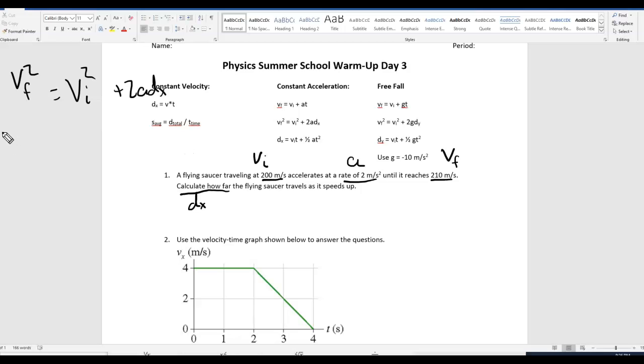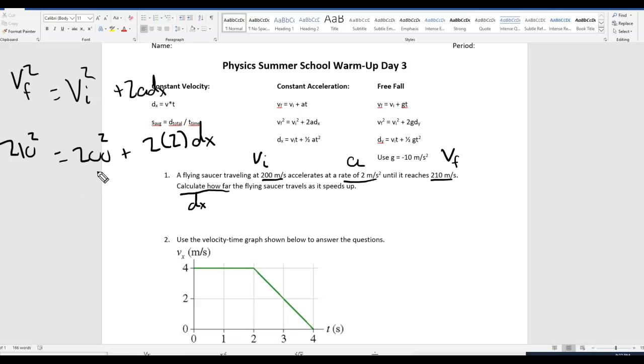So anyway, I'm going to plug in. I have 210 squared for VF equals V initial, which was 200 squared, plus 2. The acceleration is also 2, and then dx is my unknown. Okay, so to get dx by itself, I need to simplify a little bit, and combine like terms and whatnot.